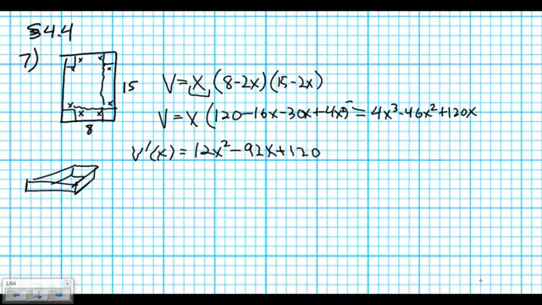I can pull a 2 out. You can divide by 92. Does 92 divide by 12? You can take 4. Pull 4 out? Yeah, I can pull 4 out. So let's pull a 4 out, and we get 3x squared minus 23x plus 30.